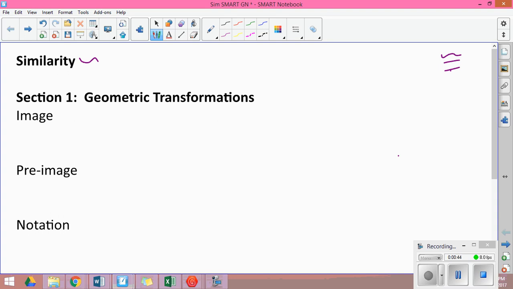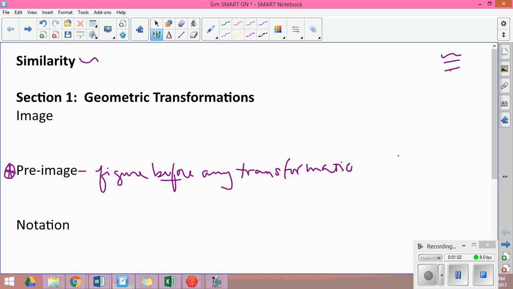So some important terms as we get started. Let's start down here with preimage, and this is the figure before any transformation. Now, a transformation is our broad term for a change.